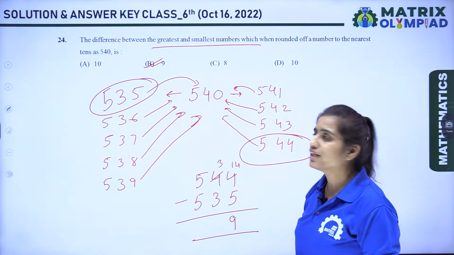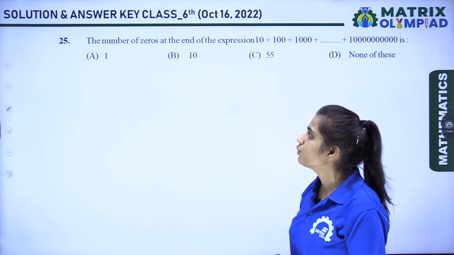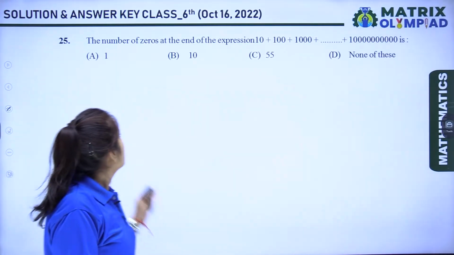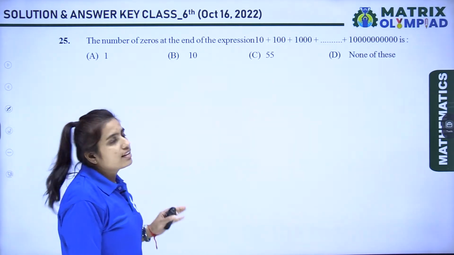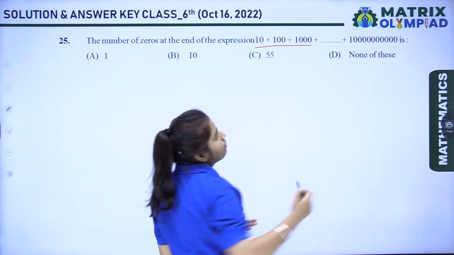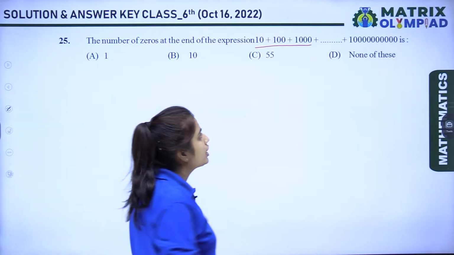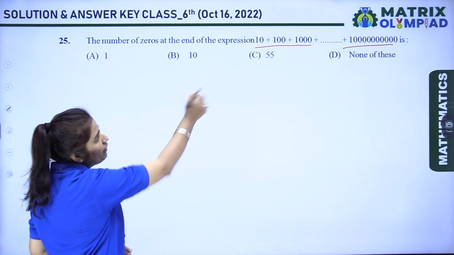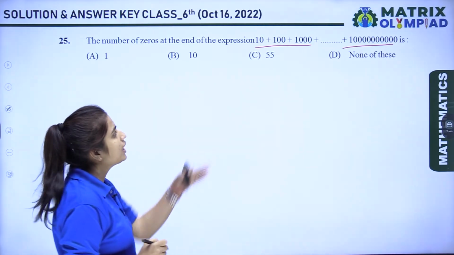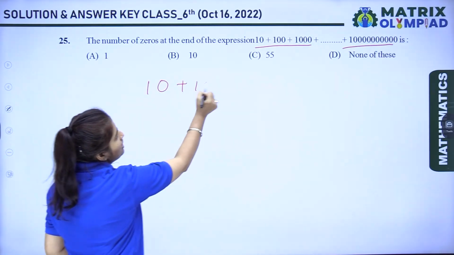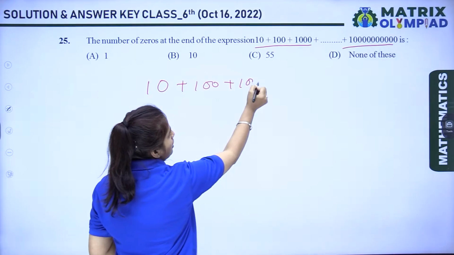Now let's begin with the next question. Question number 25. Here we have to find out the number of zeros at the end of the expression 10 plus 100 plus 1000 plus and so on till the last number. We will take the hint from the beginning of the expression, that is 10 plus 100 plus 1000.